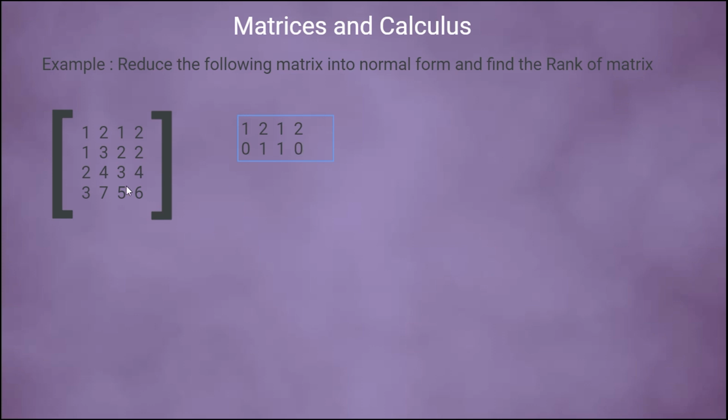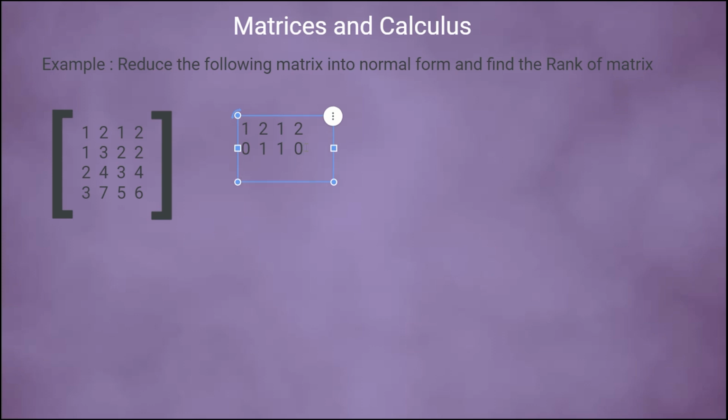And next let's come to the third row. Here we have 2 and here we have 1. So we can write R3 equals R3 minus 2R1. We need to multiply this row by 2 so that this one becomes 2. Then 2 minus 2 becomes 0.